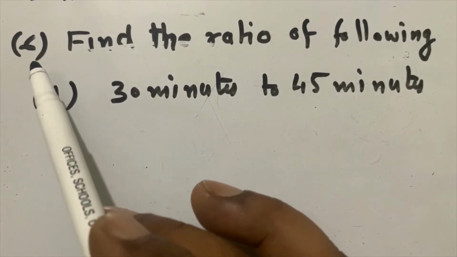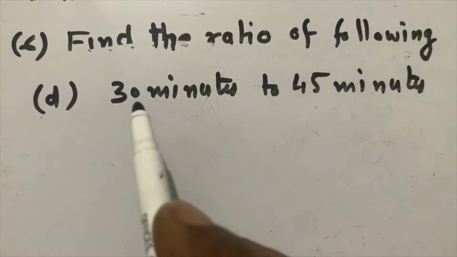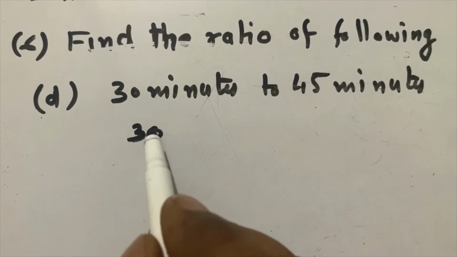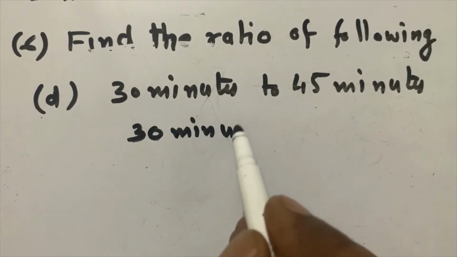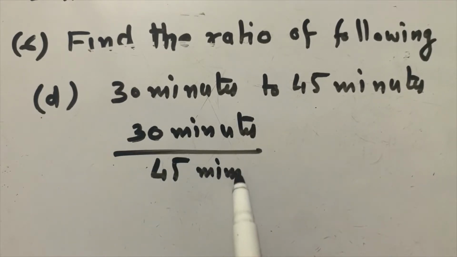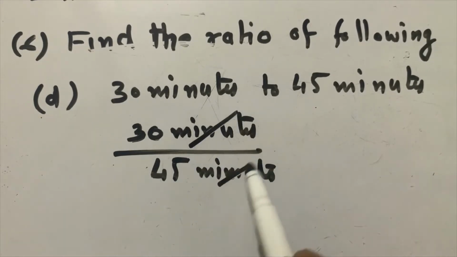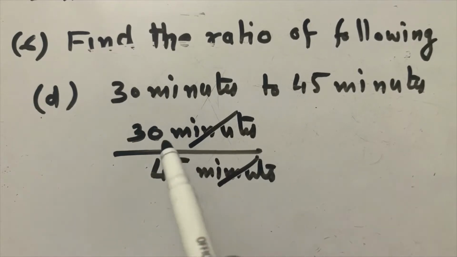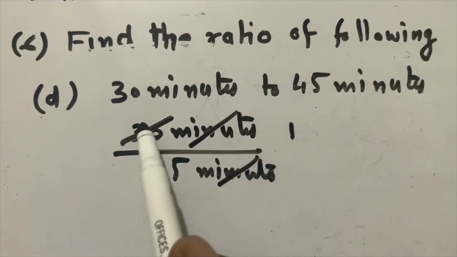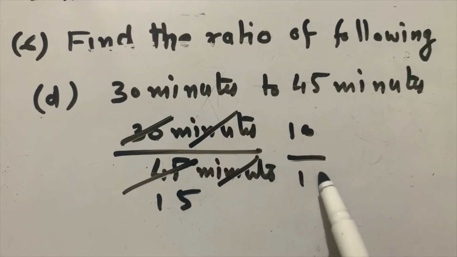Now part D. Question number 6, part D of exercise 12.1. Find the ratio of 30 minutes to 45 minutes. These units are same, so they will cancel, and we read the table of 3. 3 1s are 3, 3 5s are 15, so 10 upon 15.